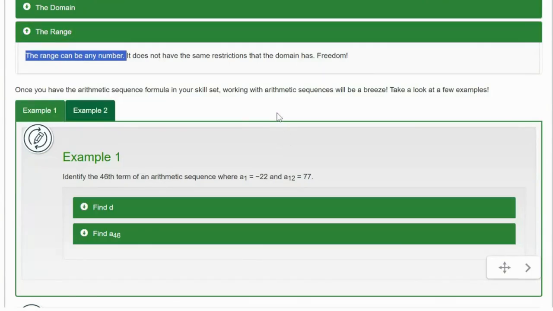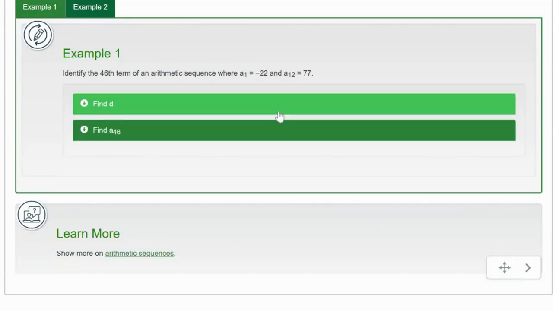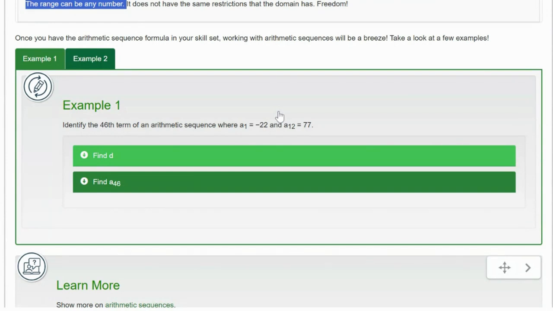All right, so let's look at a few examples just to make sure we got an idea of what's going on. Identify the 46th term. Oh boy, they really gave us a good one here. They did not start us out with something easy. I'm going to draw a line here because we're going to have to work this out.